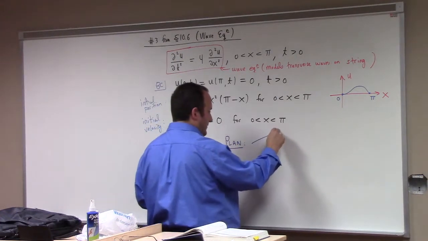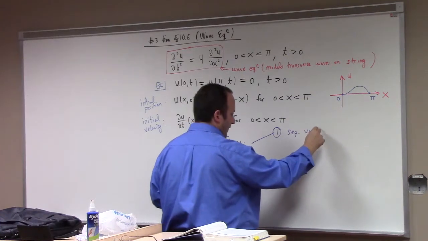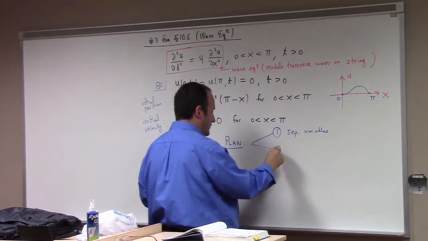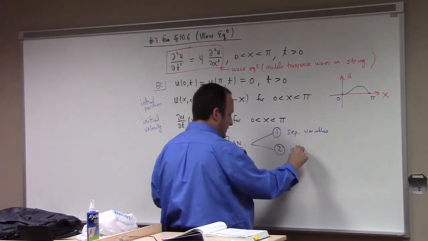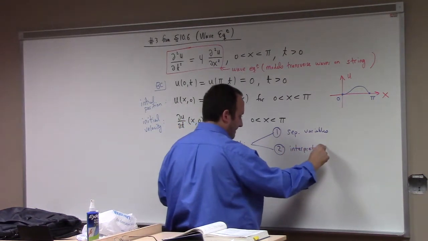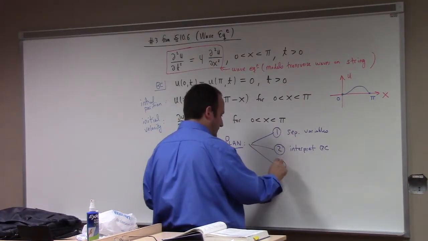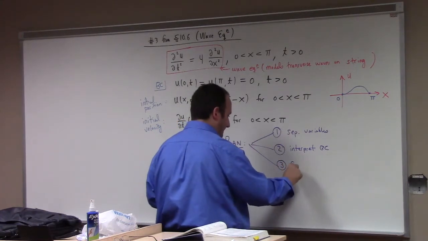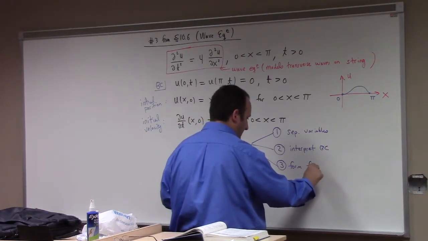So one was to separate variables, right? Two was to interpret boundary conditions. Three was to form a formal solution.